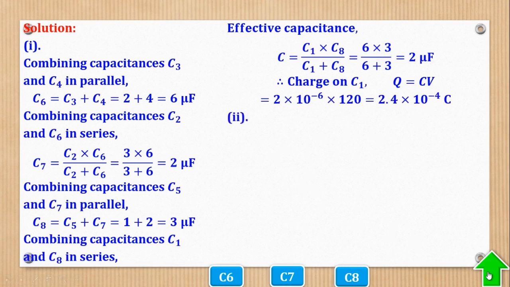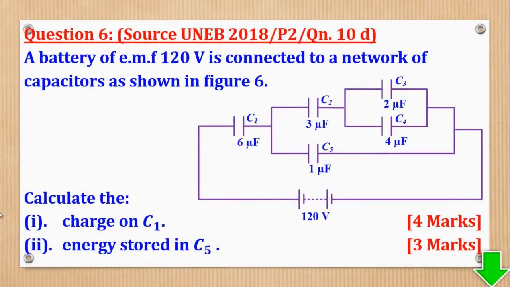What about Roman 2? For Roman 2, they want the energy stored in C5. Energy stored in this C5. So I know the capacitance, but I don't know the charge, and I also don't know the PD. So I have to get one of those.